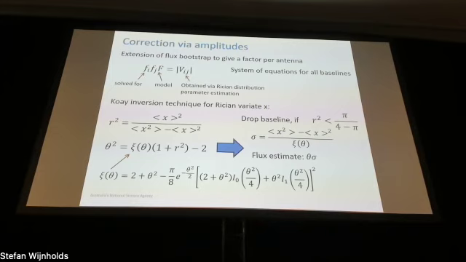It converges very quickly, in less than 10 iterations usually. And once you solve it, theta is essentially a signal to noise. So it's the ratio of flux to noise of the underlying Gaussian process to that Ricean distribution. And then once you know signal to noise, you can get the actual noise, which should be sigma squared here, and you can get the flux.